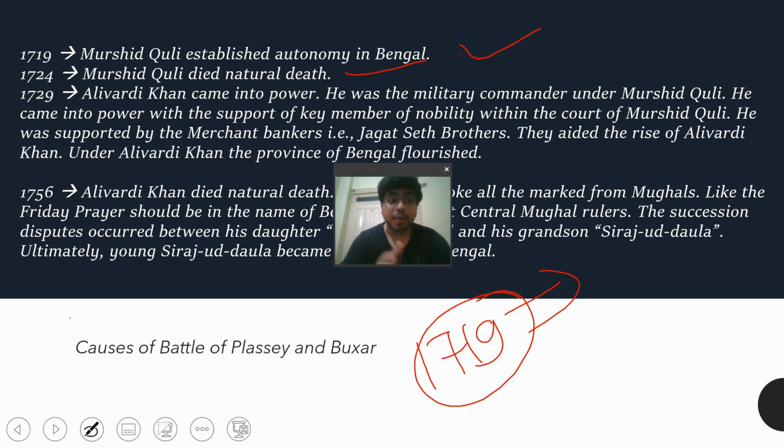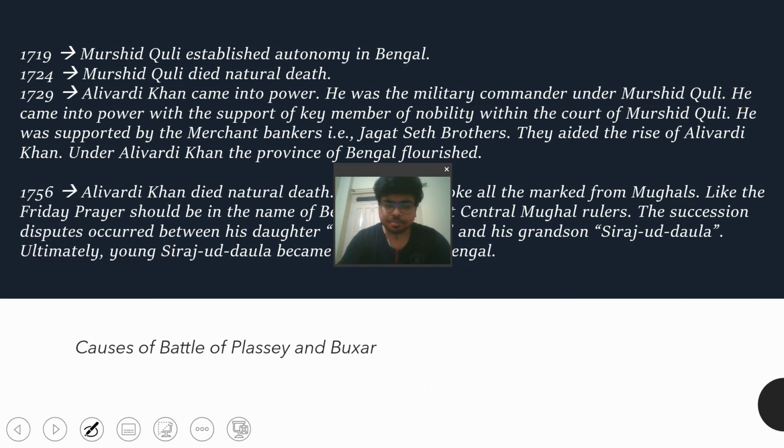Now in 1729 Alivardi Khan came into power. He was the military commander under Murshid Quli Khan. He came into power with the support of key members of the nobility within Murshid Quli Khan's circle.